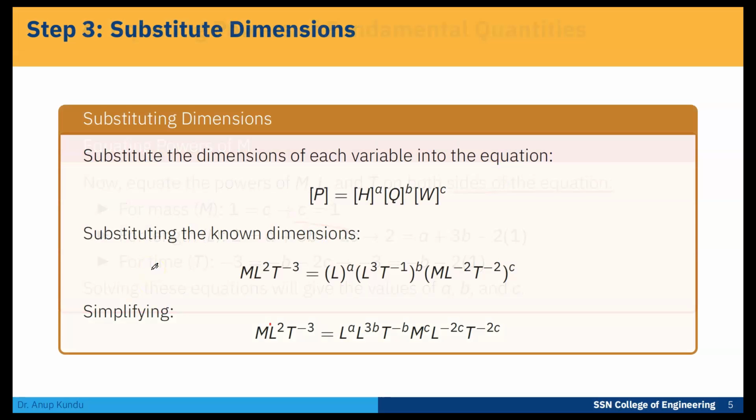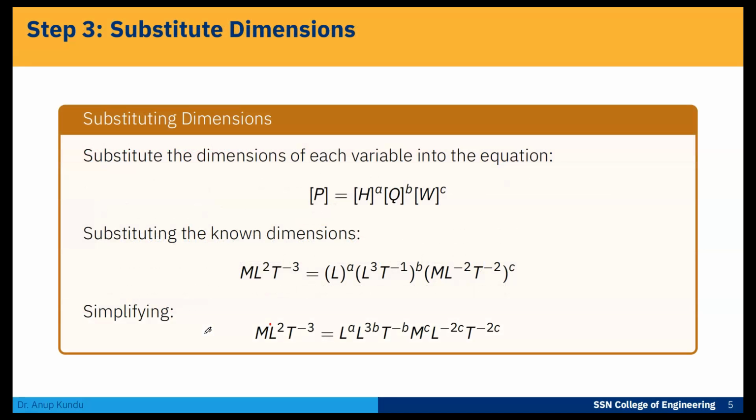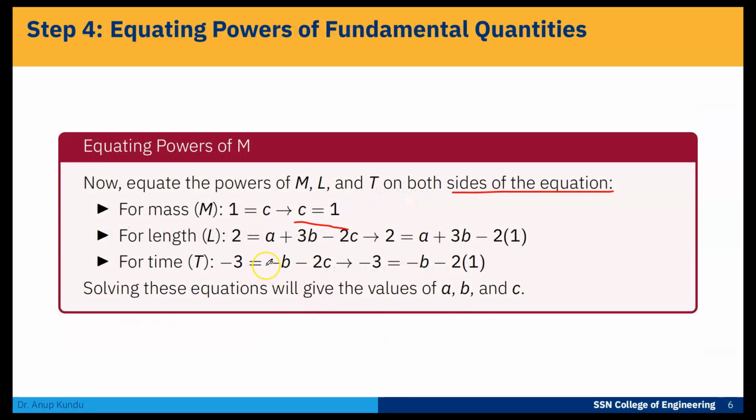For length, the left-hand side is 2 and the right-hand side is A plus 3B minus 2C. So 2 is equal to A plus 3B minus 2 into 1. And then for time, T to the power minus 3: minus 3 is equal to minus B minus 2C. So C is equal to 1.